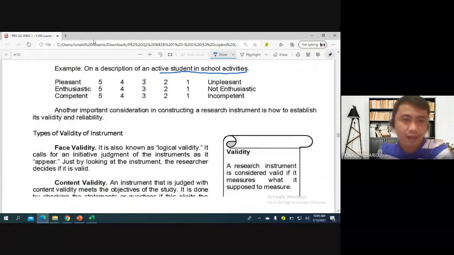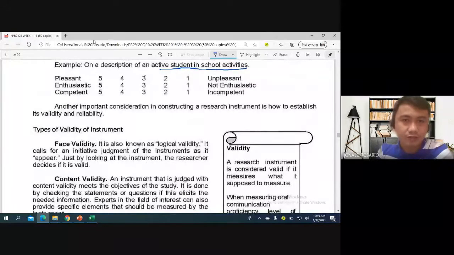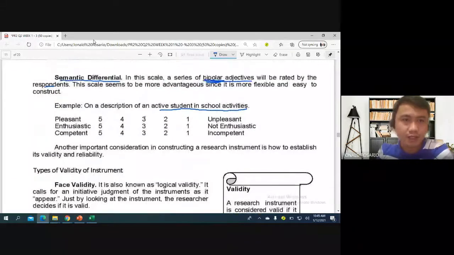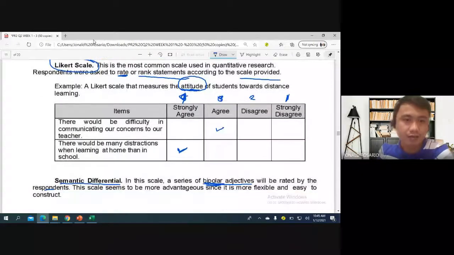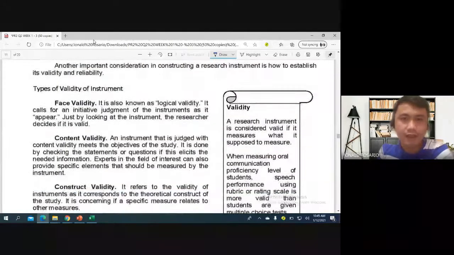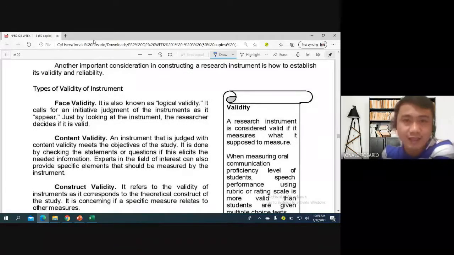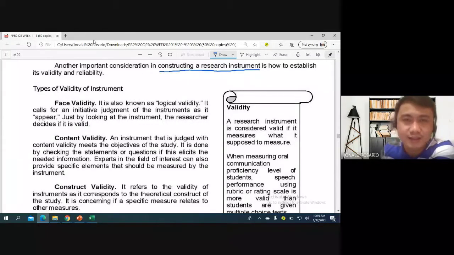Okay. Next is, so we are done with the two scales that we can use. We can have the Likert scale or semantic differential. So, okay na tayo dyan. Next naman is the validity. So, sa paggawa o pag-construct, suppose gagawa tayo ng sarili nating instrument, kailangan nating establish yung validity and reliability.